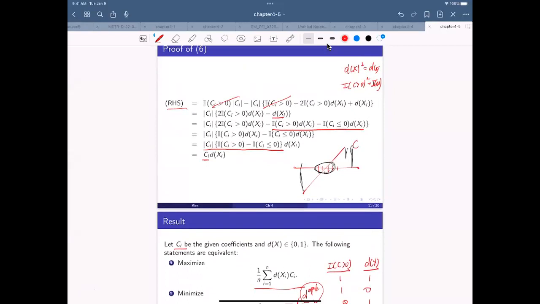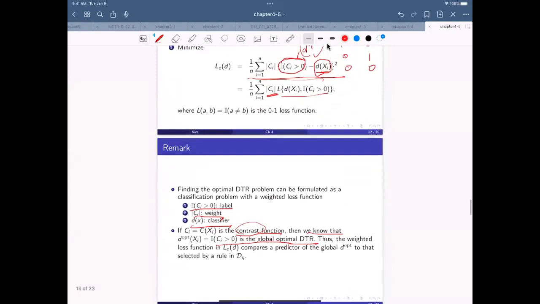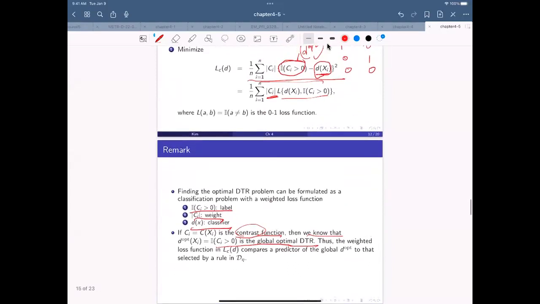If you go to the next page, I talk about Remark 1. So if we do not care about the domain, so basically you said the optimization is within the domain D. Okay, suppose we do not care about that, then the indicator of C_i larger than 0 is the optimal rule.